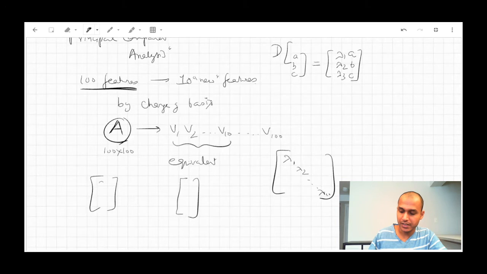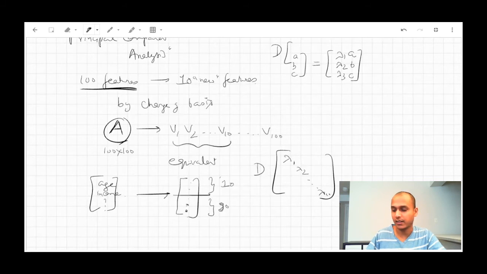What I'm going to do is chop off 90 of the coordinates and retain the top 10 coordinates, where top 10 corresponds to the highest magnitude eigenvalues, since I ensured the eigenvalues are ordered by decreasing magnitude.